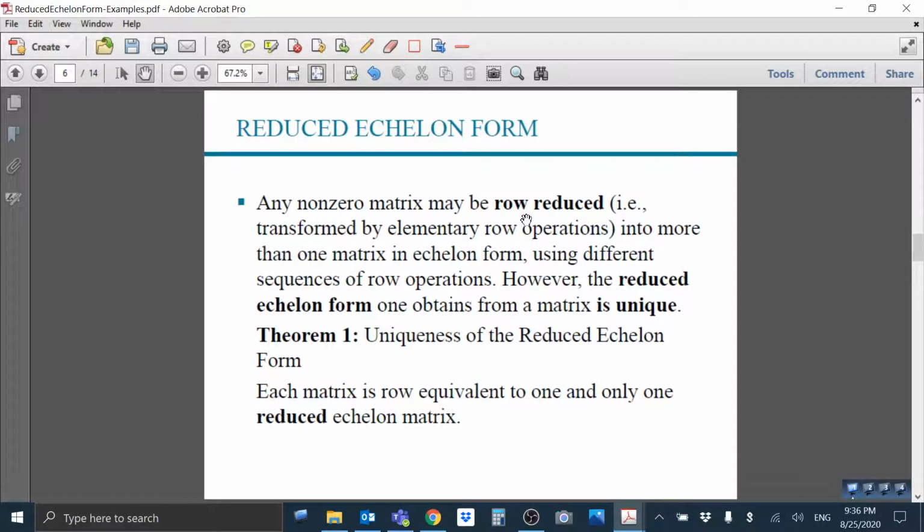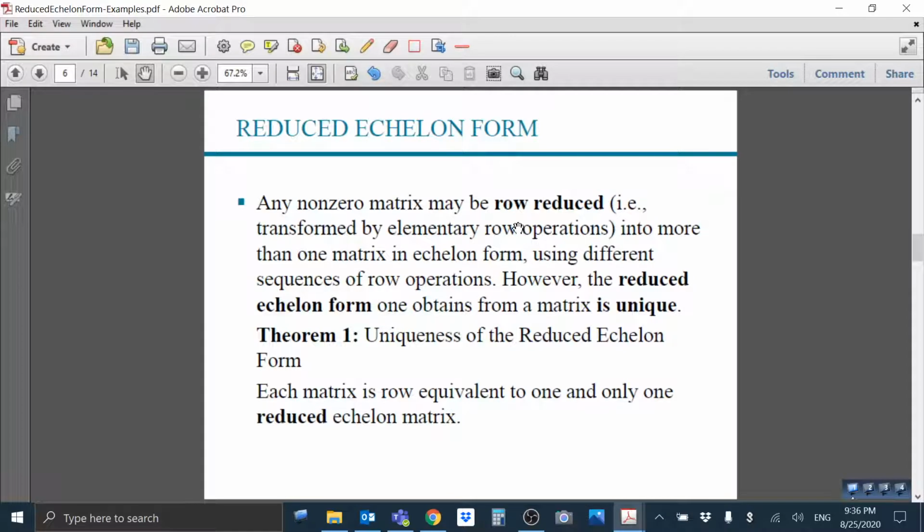So what we know for now is that every matrix, by proper application of elementary row operations, can be transformed into another matrix that is in echelon form. That's great. The good news is you can have infinitely many echelon forms for each matrix. But even better news is that each matrix can be transformed into a unique reduced echelon form.